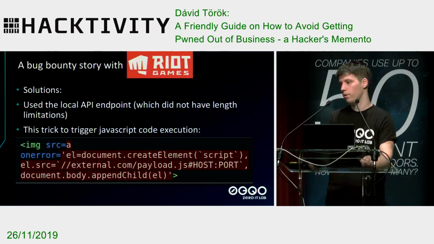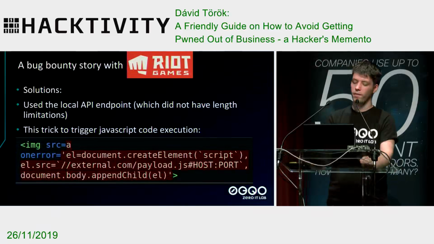So now we could create a script element from the onError attribute and load external JavaScript, which is then appended to the document's body, and then we have clean JavaScript code execution in a remote client instance. You can see the host part of this payload. I'll describe that in more detail in a bit.